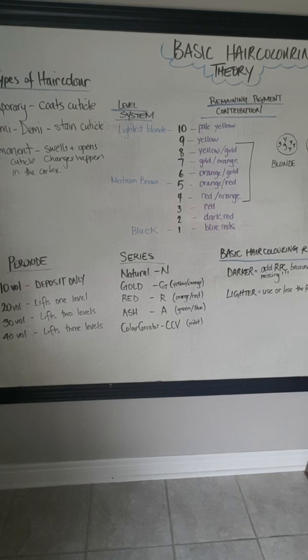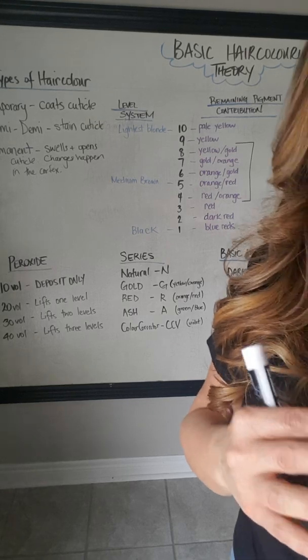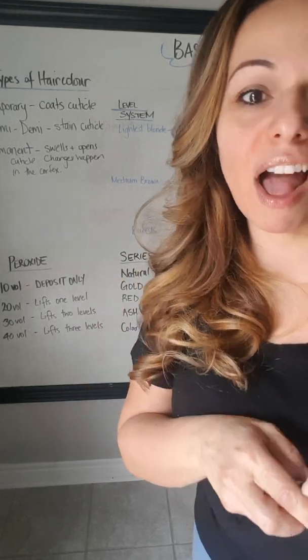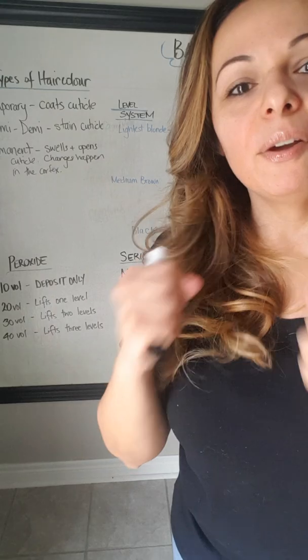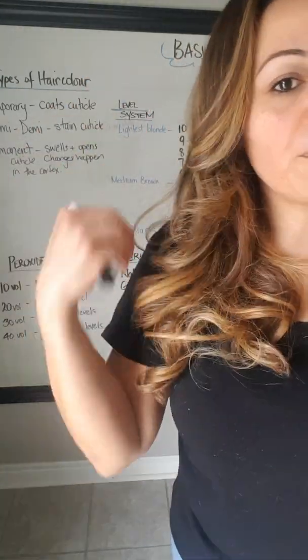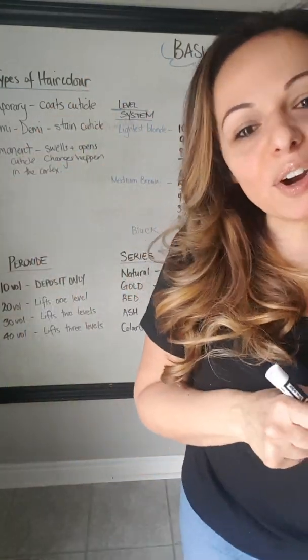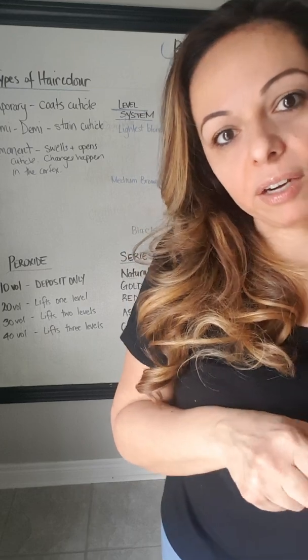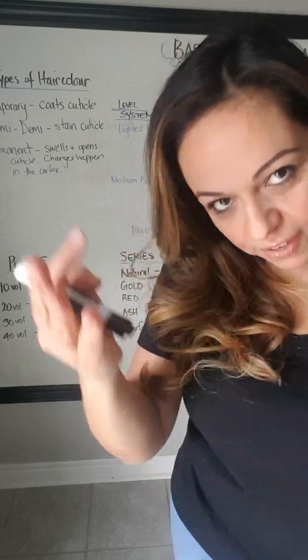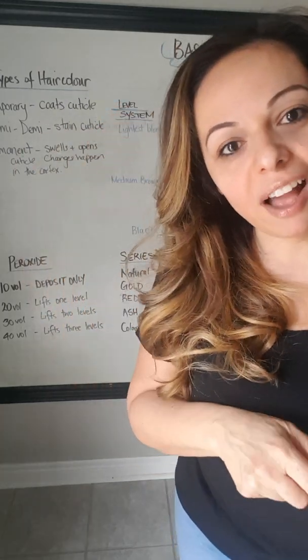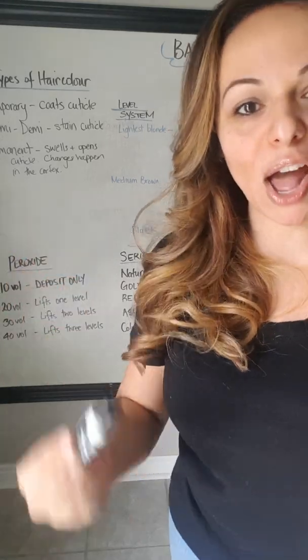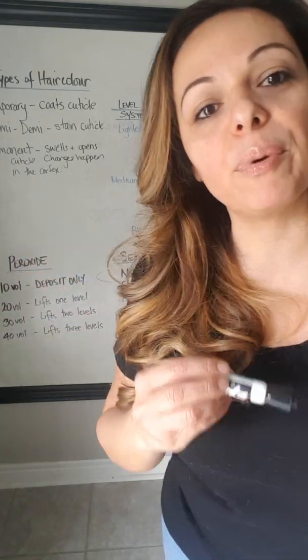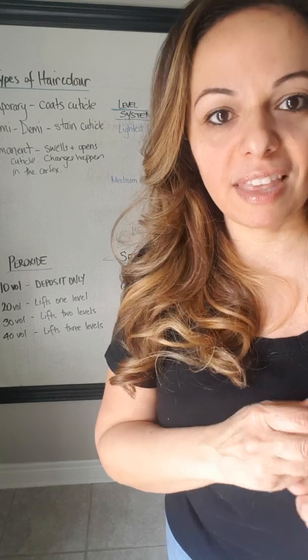A lot of the time we think that showing up to a store and choosing a box of color that has a really pretty picture on it, and we say, yep, that's the color we want, and we put that on our hair, chances are it won't look like that box color, especially those of us who have a naturally dark color. If we don't understand color theory, we will not end up with the correct color results in the end.